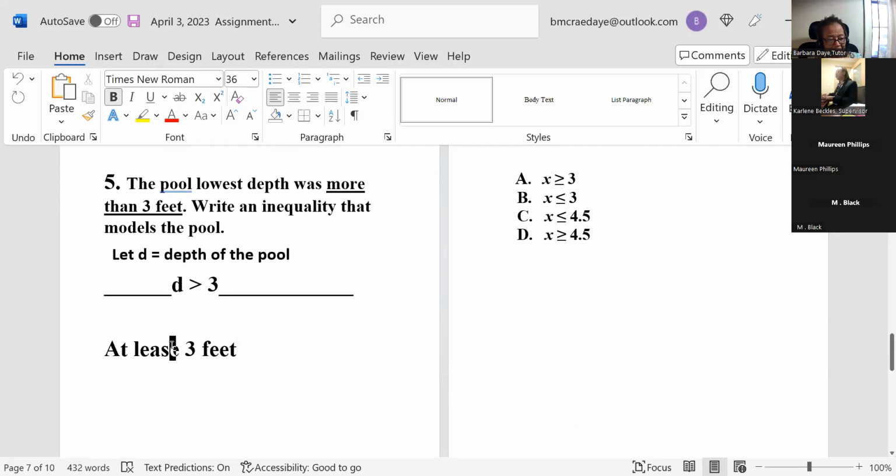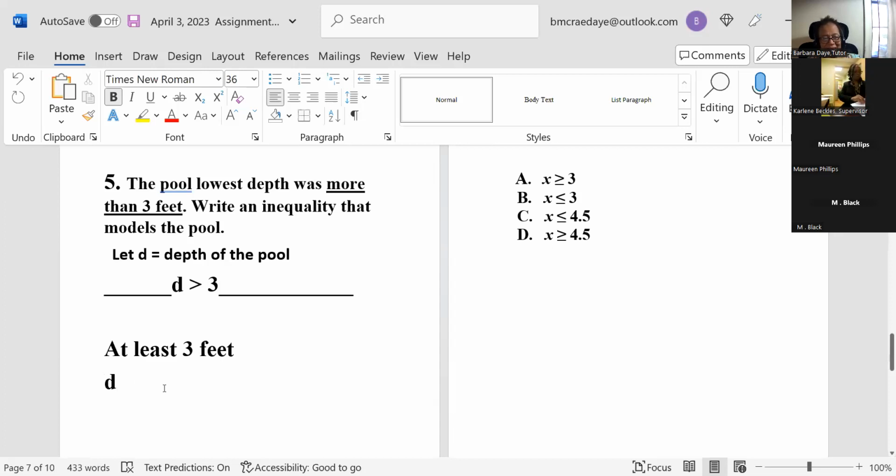You'd write the D and put the equality sign, but turn the point to the D and the opening to the other side. What does at least mean? Less, no, at least.